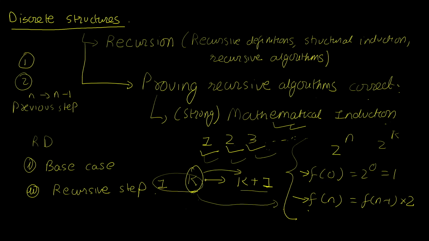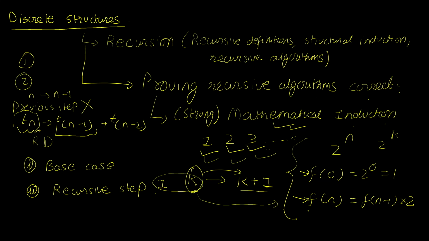But if we see a recursive definition where just the previous step is not enough, we need to use strong mathematical induction. Because if we consider a formula for a Fibonacci sequence, the nth term would be the sum of the n minus 1th and n minus 2th term, okay? Because this recursive definition is defined this way, in order to derive Tn or to prove that Tn is true, just using Tn minus 1 is not enough.